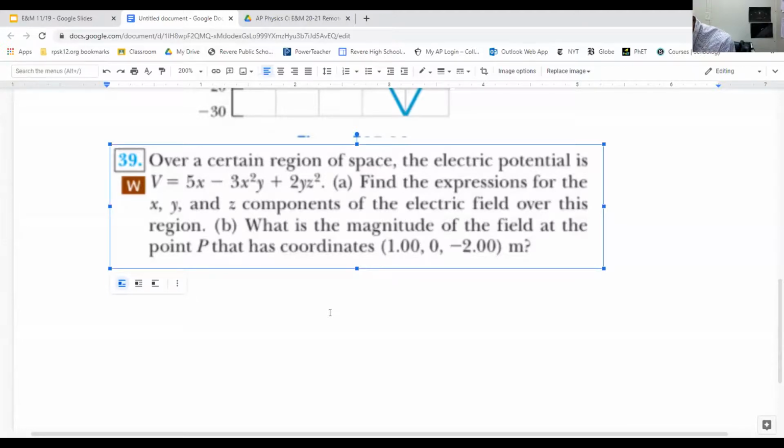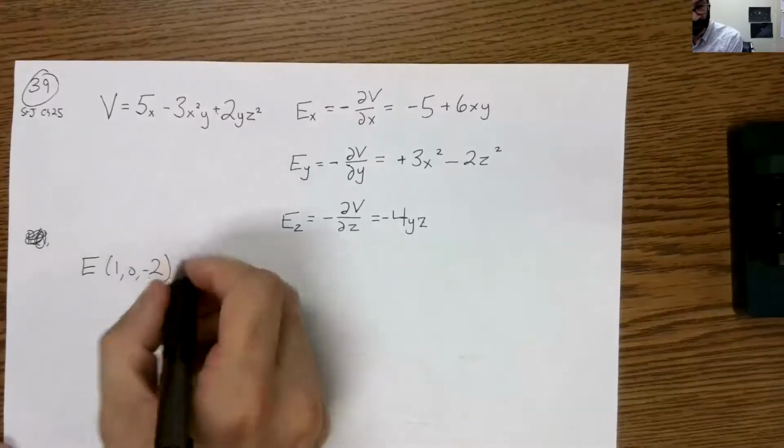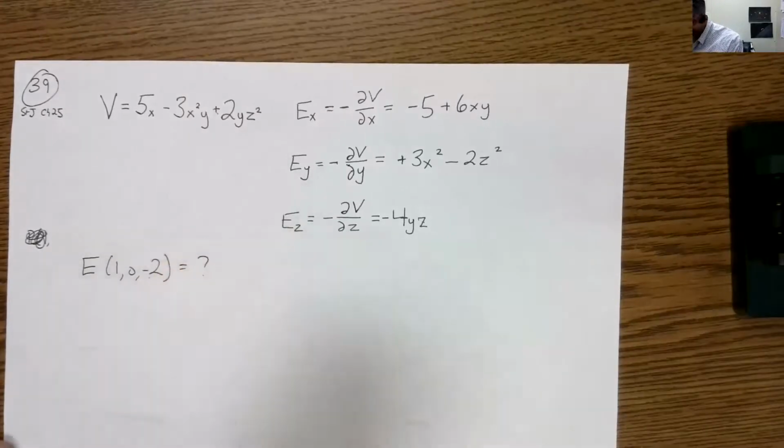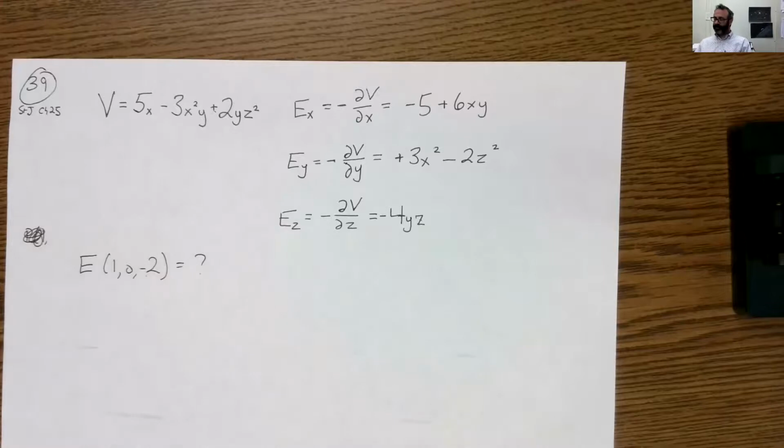So basically we want the electric field at (1, 0, -2). Let's see how we're going to do that. Any ideas for how we can find the value for the magnitude of the electric field at this point?